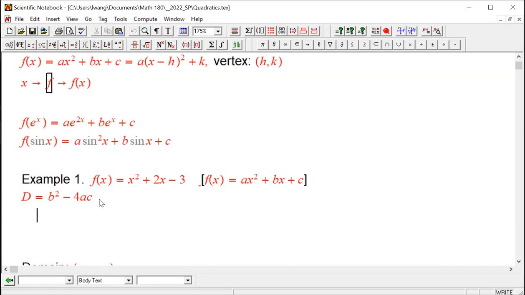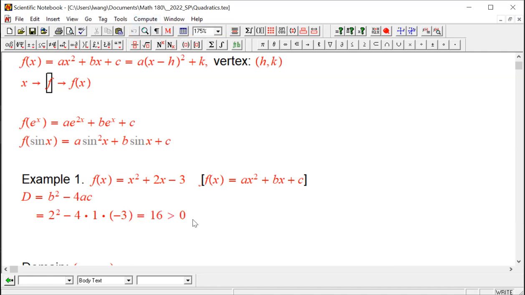So all we have to do is just plug in: 2 squared minus 4 times a times c, which is -3, and we get a positive number.